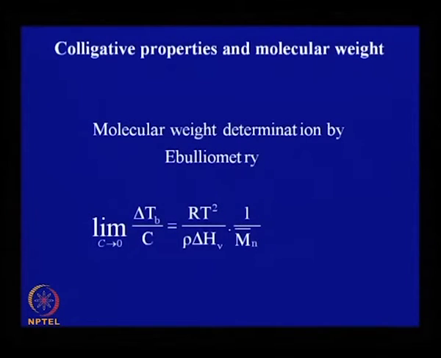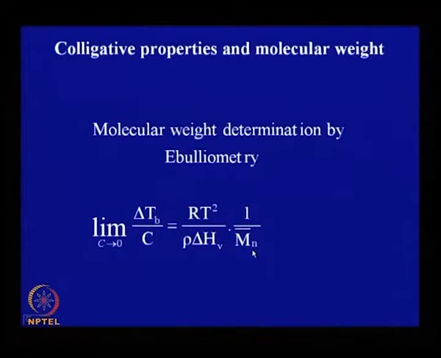So, what is ebulliometry? You know, this is the temperature elevation and enthalpy of vaporization. So, from these values, and this is the concentration, this is the number average molecular weight.